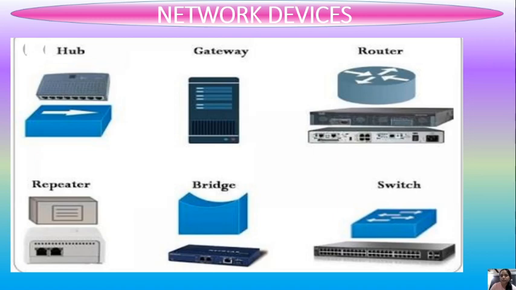Router is also a network layer device. Repeater is a physical layer device, and the switch is a data link layer device. Bridge also works at the data link layer in the OSI model. We have covered all these devices under the topic network devices in our previous videos, so you can watch all those videos related to network devices.